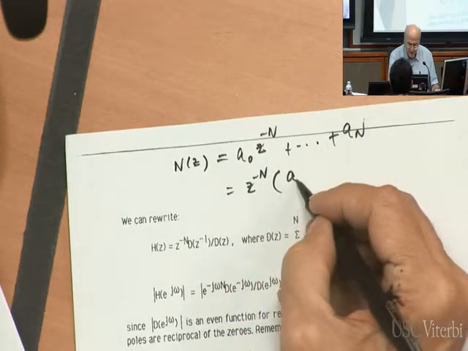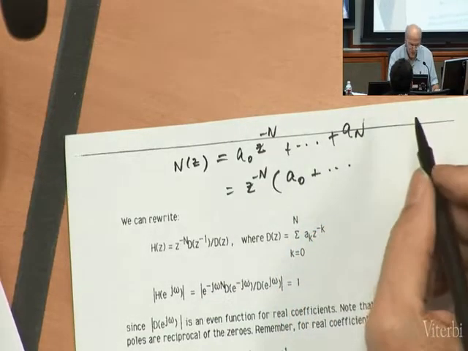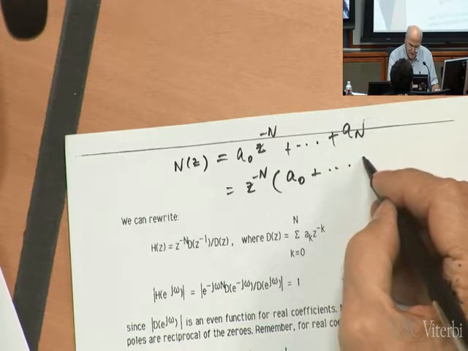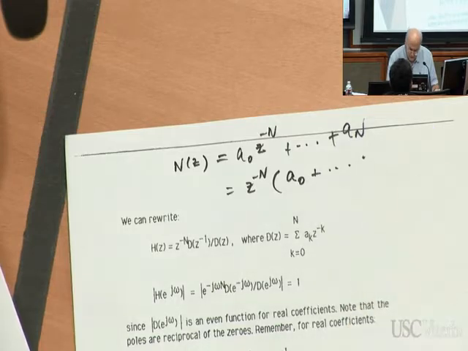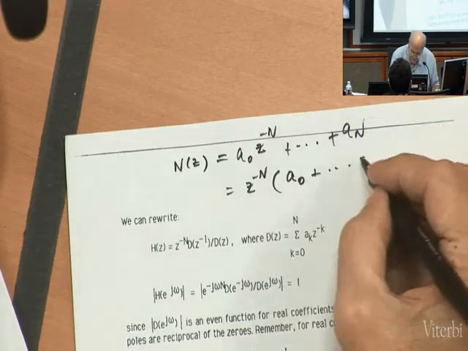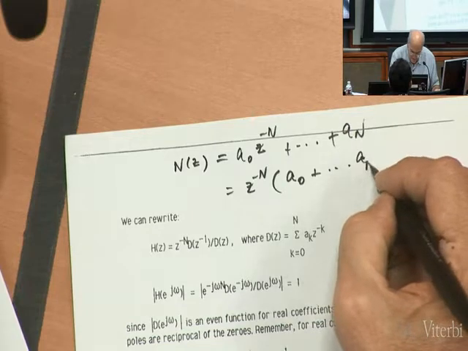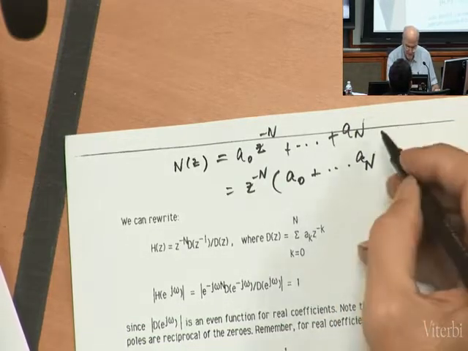You get a naught plus dot, dot, dot, and then a sub n z to the n.